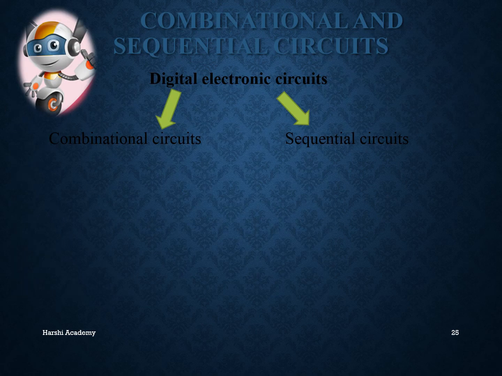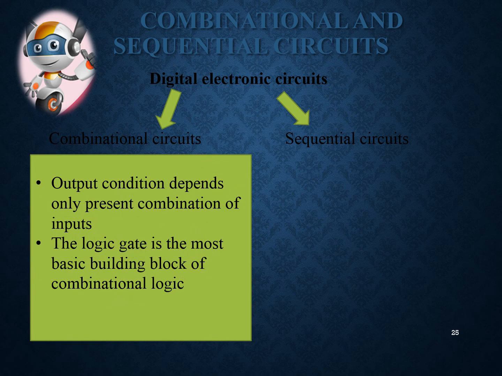Let's see combinational and sequential circuits. Digital electronic circuits are divided into two groups, combinational and sequential. Then let's see what a combinational circuit is. Output condition depends only on the present combination of inputs. Highlight this point in your notebook.